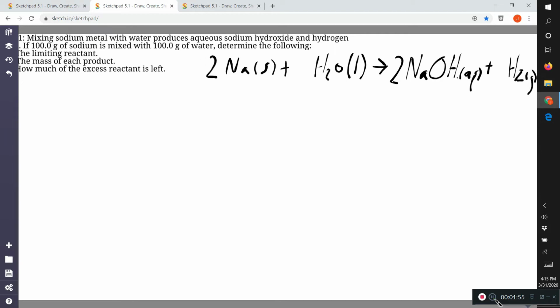I have 2 hydrogens on the left, but I have 4 hydrogens, 2 from the sodium hydroxide and then 2 from the hydrogen gas. So I need to double my water. So I have 2 sodiums and 4 hydrogens on the left, and 2 sodiums and 4 hydrogens on the right. I also have 2 oxygens on the left, and 2 oxygens on the right. So this is our balanced equation we're going to work from.